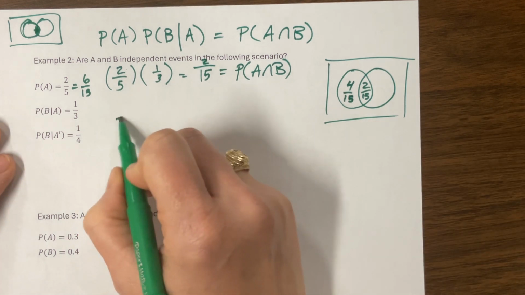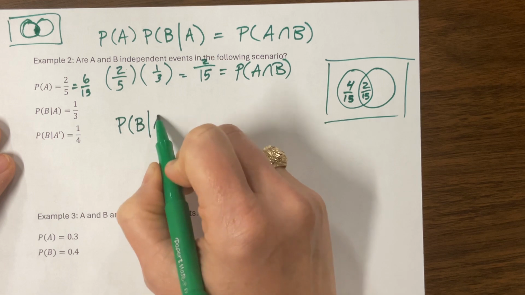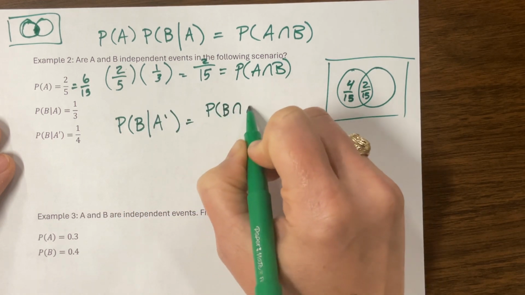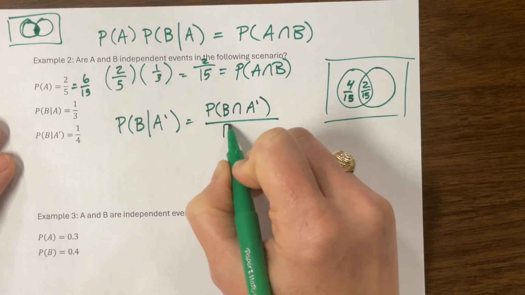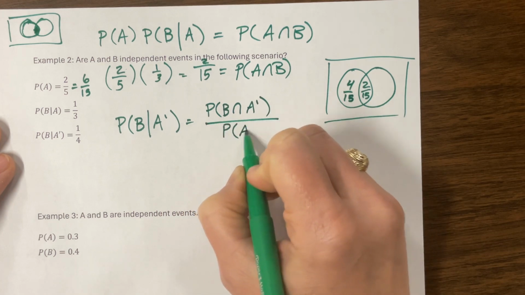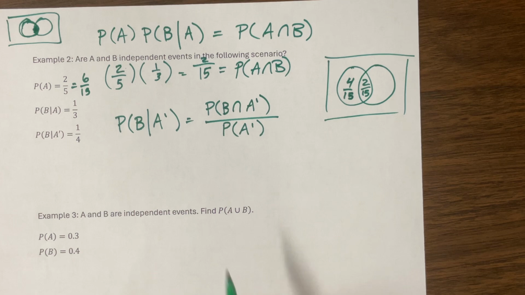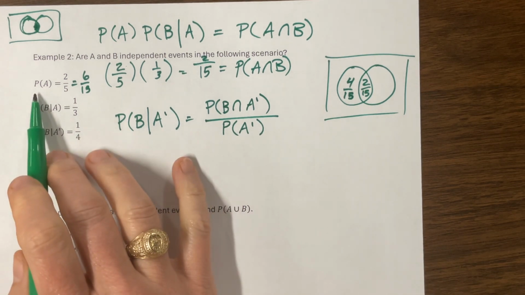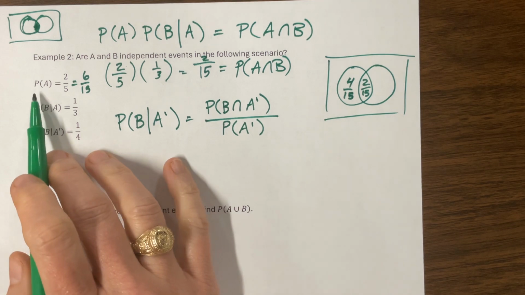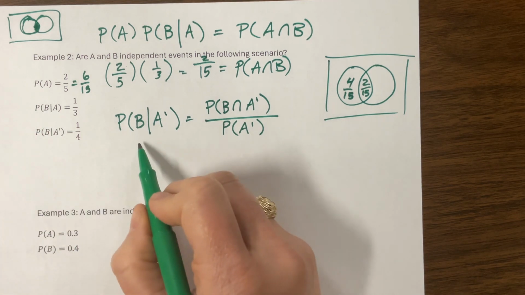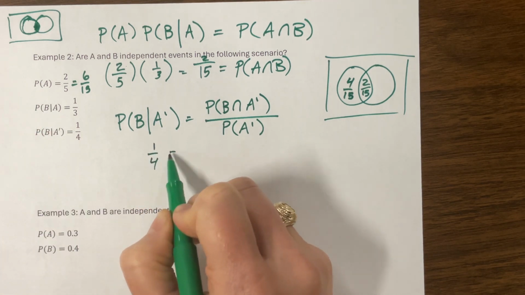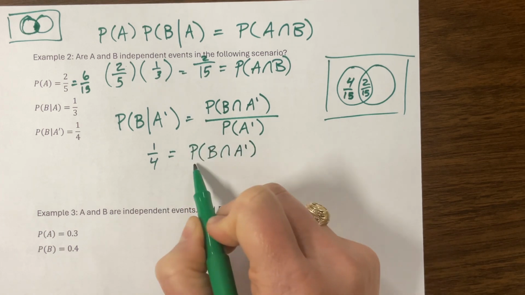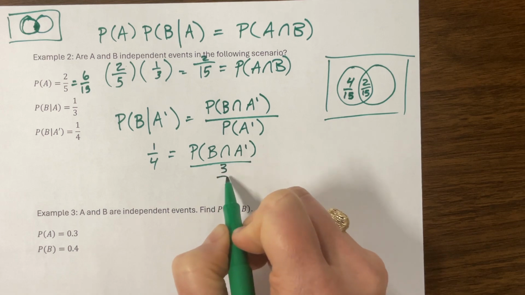Okay. The probability of B given A naught will be equal to the probability of B intersect A naught divided by the probability of A naught. Oh, I did know how to do it. Okay, I'm sorry. All of a sudden I was like, they didn't give that to us, but they gave us A. And so the probability of not A is going to be 1 minus that. So this right here, 1/4, would be equal to the probability of B intersect A naught divided by 3/5.